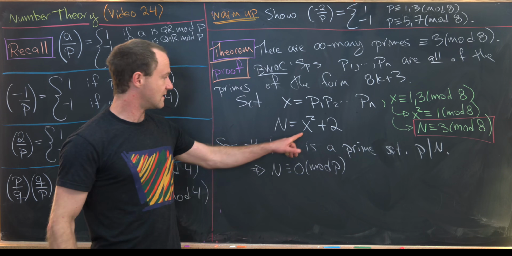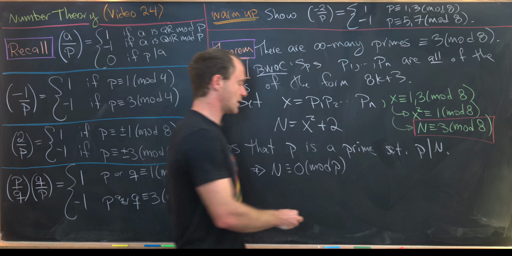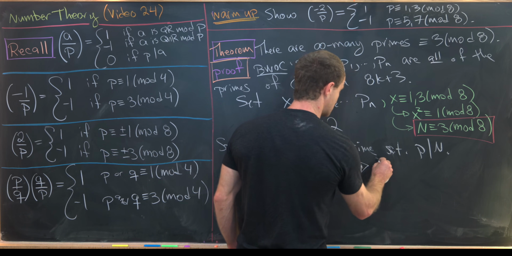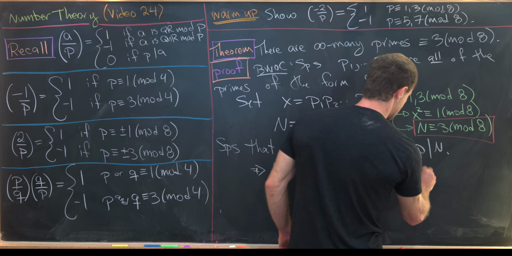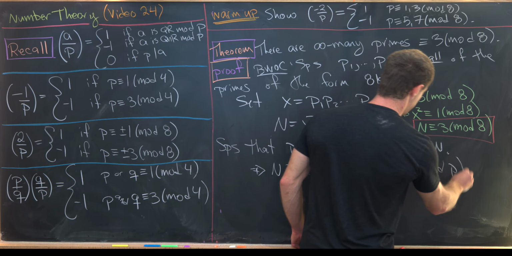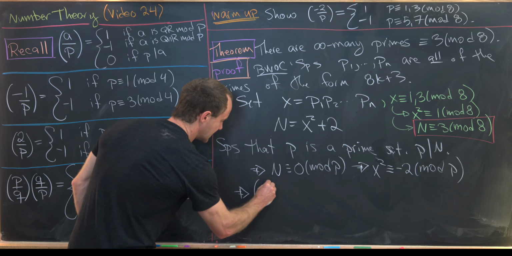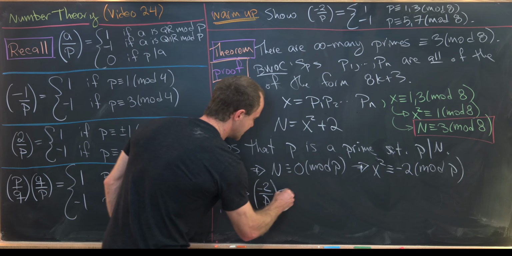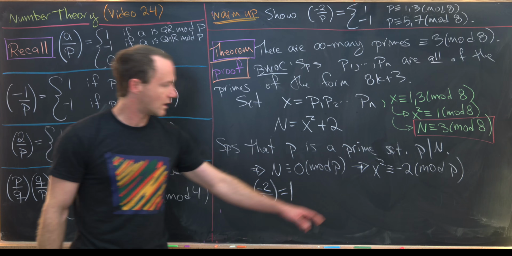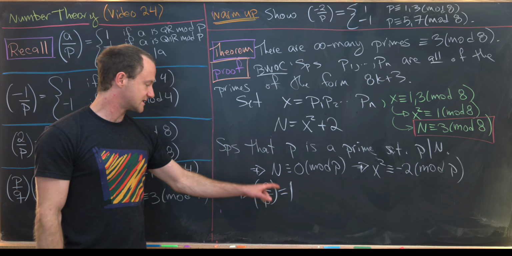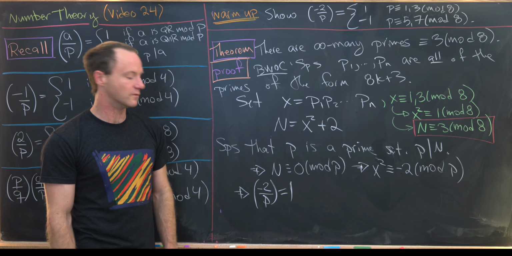But plugging in this value for n, this x squared plus 2, and moving some things around, we see that x squared is congruent to negative 2 mod p. In other words, the Legendre symbol of negative 2 over p is equal to 1. Well, negative 2 is a quadratic residue, but that means its Legendre symbol gives us an output of 1.